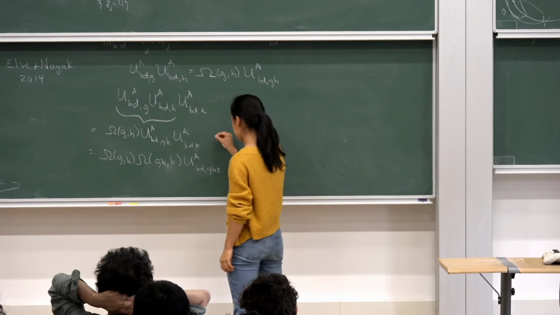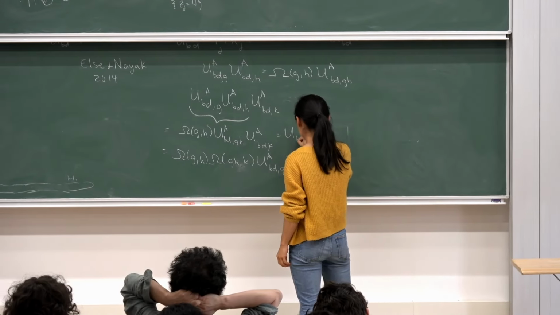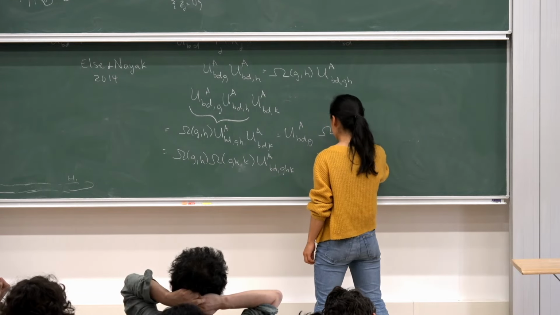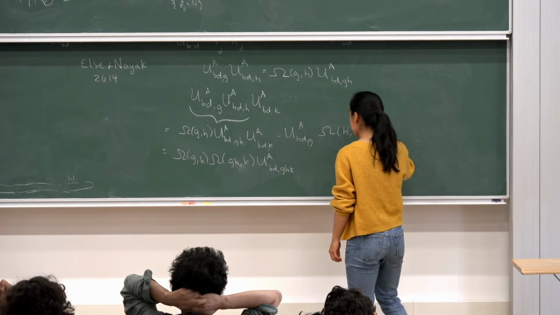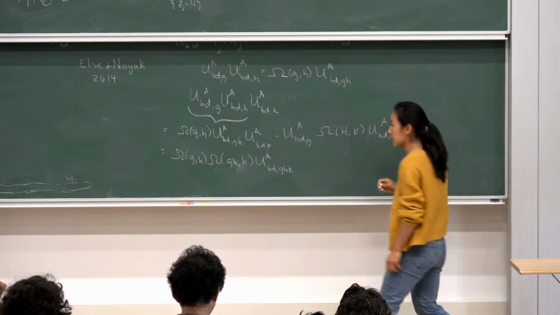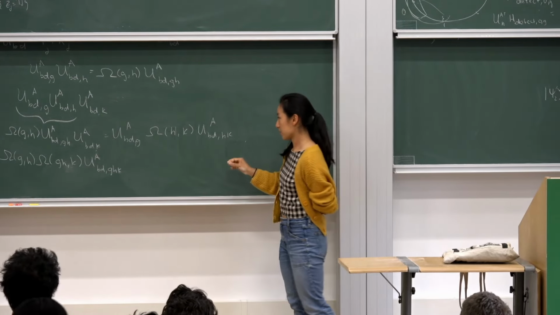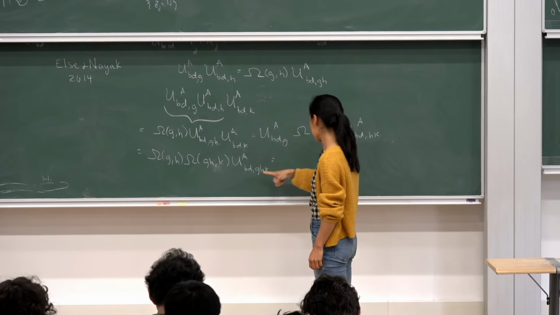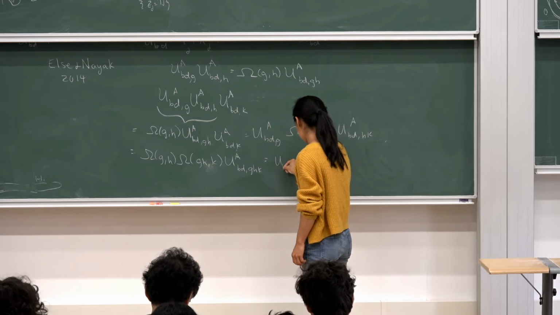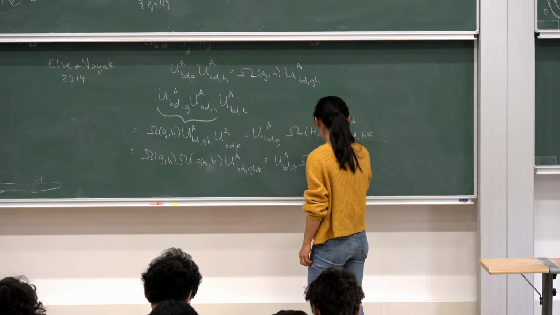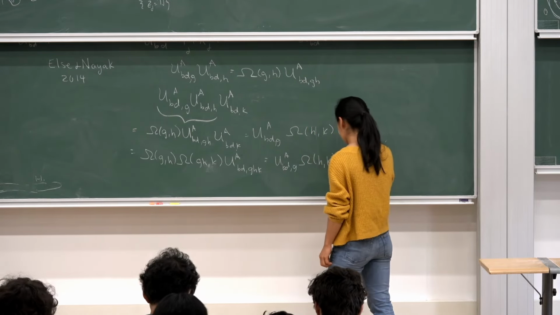So then this is equal to U boundary G A omega H K. And then if you work out the algebra, what you'll find is that this is equal to U boundary G A omega H A.